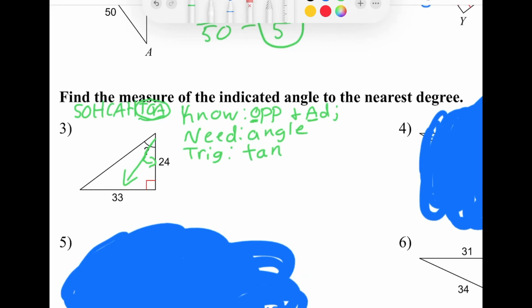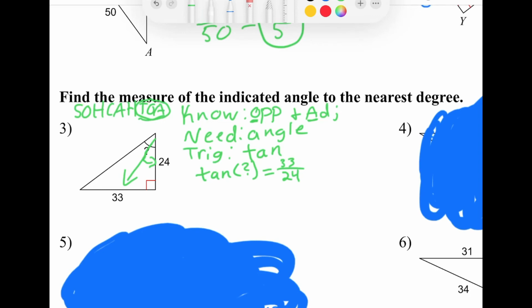So in this case, we have a tangent of the angle, which you can put a question mark if you want, you can put a variable if you want, or you can use theta. It does not matter. And in our SOHCAHTOA, O comes first, so our opposite side comes first in the fraction. So 33 over our adjacent side, which is 24. And then we solve it for our angle measurement.